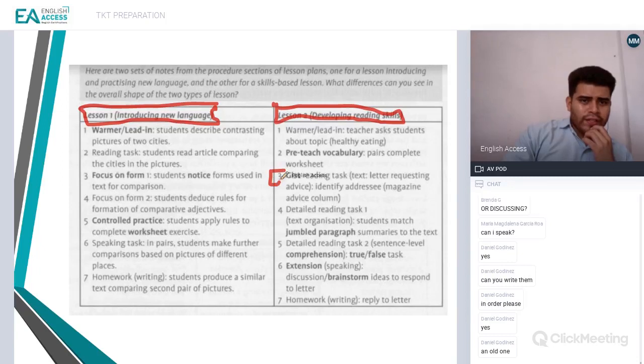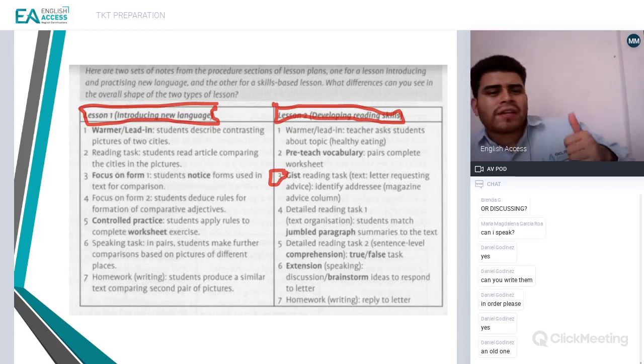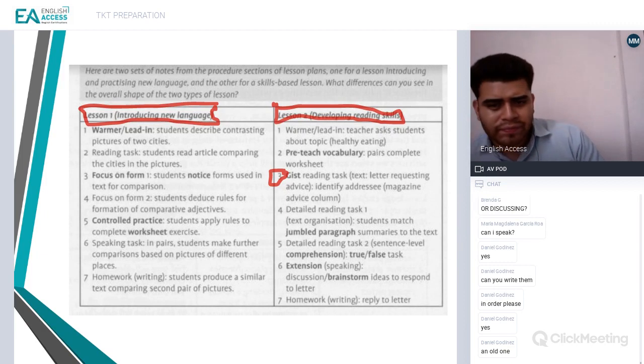Now, number 3 is the gist. The gist should be done first. After you pre-teach vocabulary, the gist should be the first thing. Make sure the students understand the main idea first before you make them scan and read for detail and all of that extra stuff.